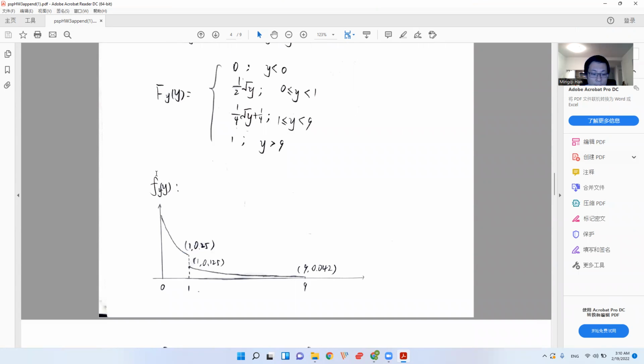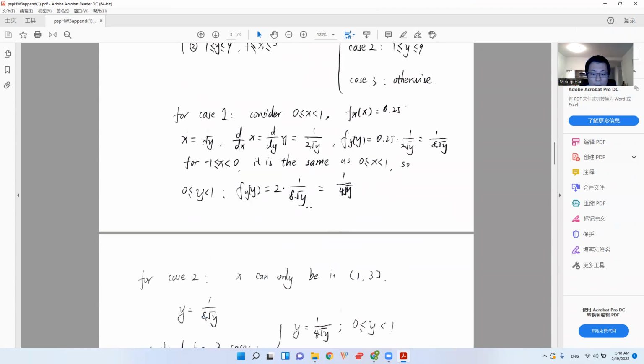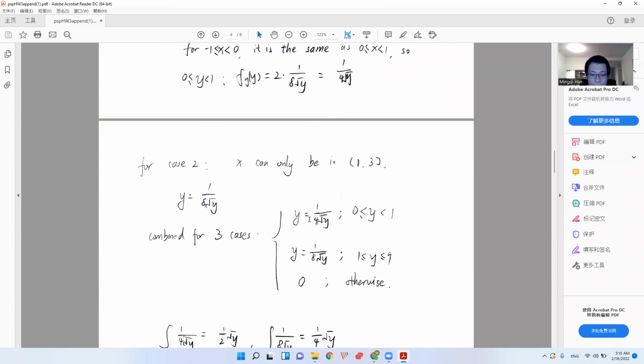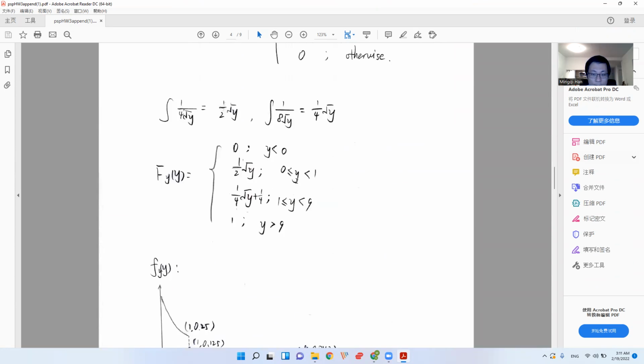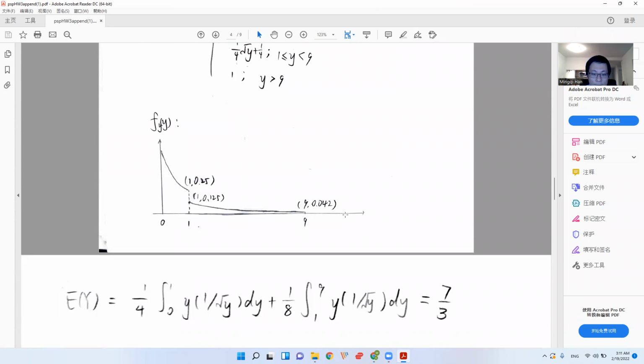So the shape of the probability density function would be like this, because you can just simply use a graphing calculator or something like that, plug in the equations of this and this for the respective range and get this graph.